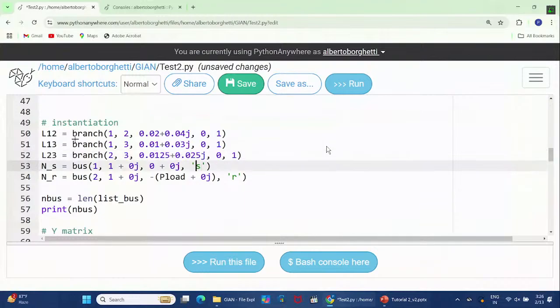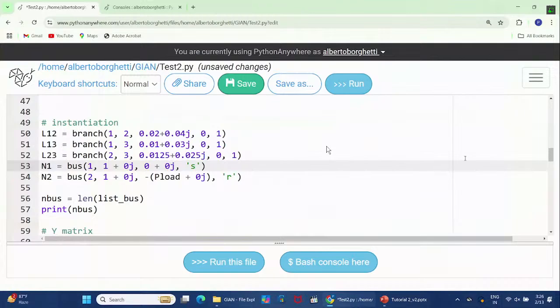Now the bus. So here it is not receiving or sending, so I will put just N1 and N2, and then N3. The bus 1, the first element, it is the power. I do apologize, the voltage.